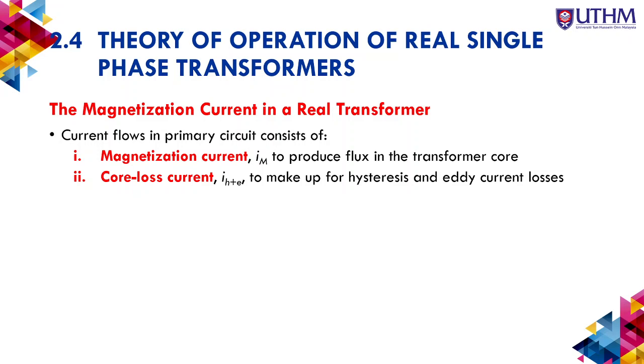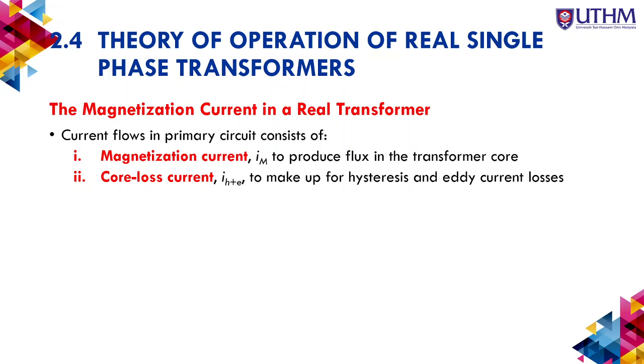Okay, so now the magnetization current in the real transformer. The current flowing in the primary circuit consists of two currents. First is the magnetization current, which is IM, to produce the flux in the transformer core. So the current is produced due to the magnetization current.